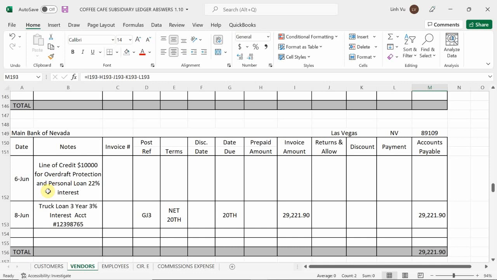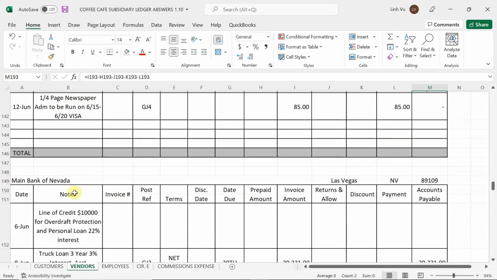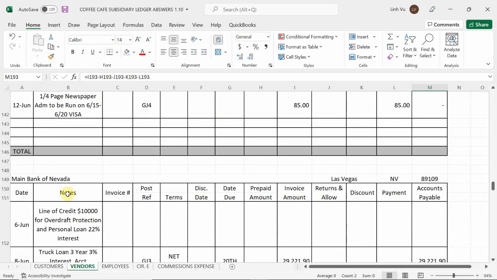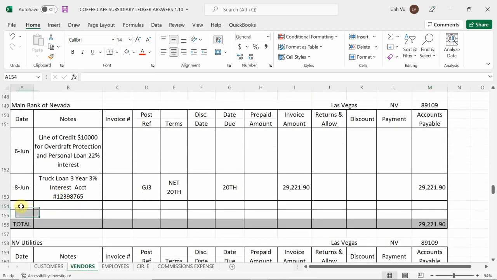You can go ahead and make a note here that on the 30th of June, you end up getting statement charges.